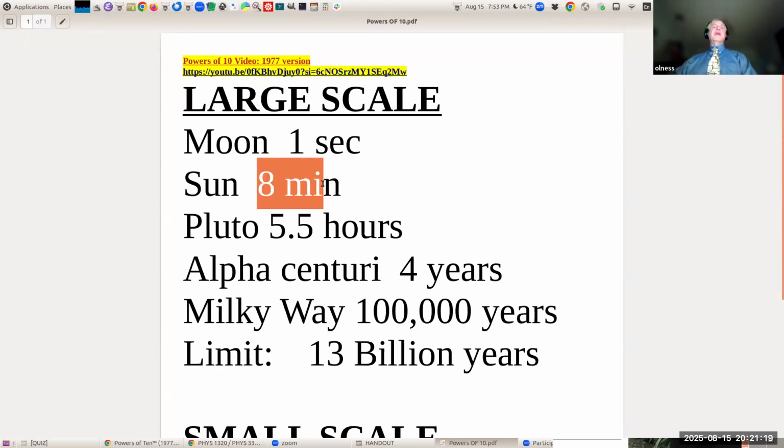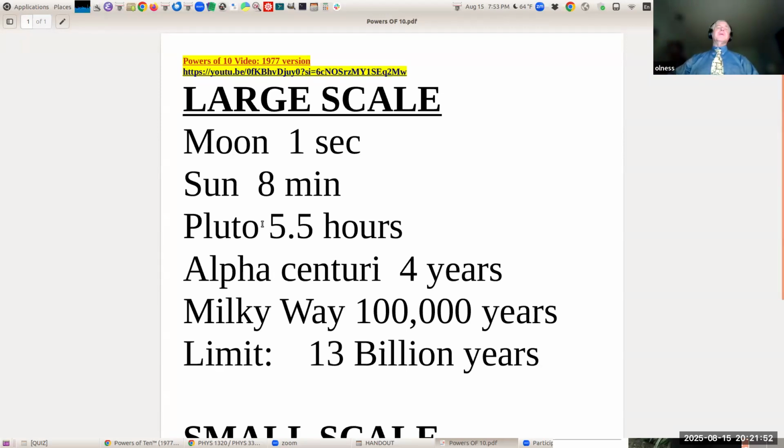You would not know that for 8 minutes because it would take 8 minutes for the darkness, or the lack of photons, to go from the sun to you. Or when there's a solar flare, it spouts out a bunch of particles that emit bursts of light. It will take 8 minutes for that light to get from the sun to the Earth. The protons it throws out take about 2-3 days, a little longer, but the light takes 8 minutes.